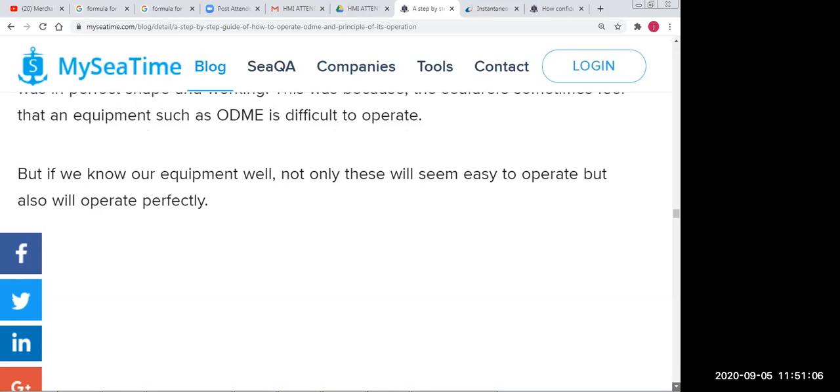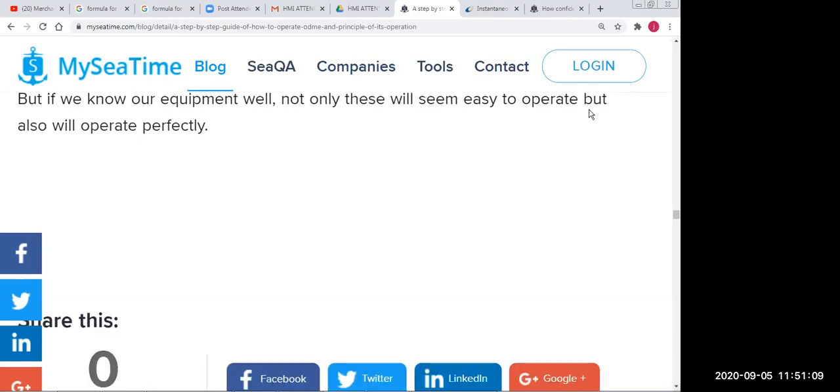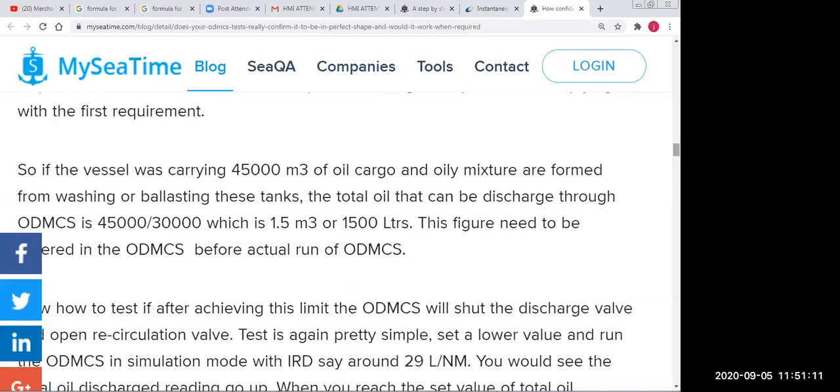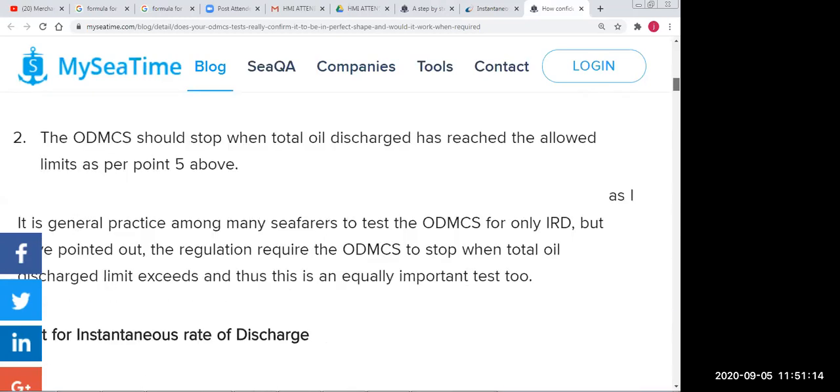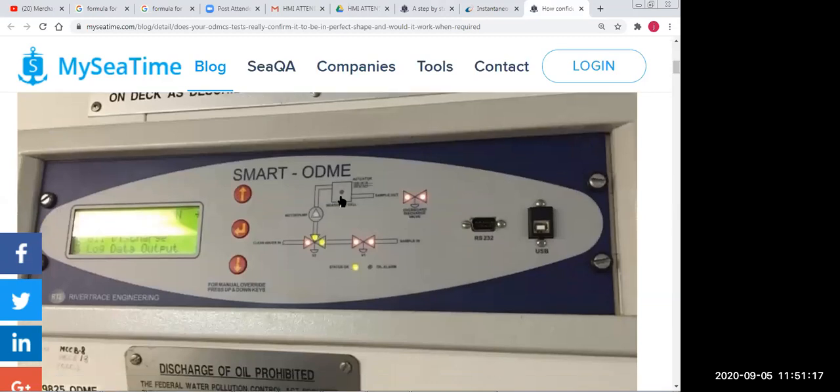For testing, we take a fresh water sample, same operation, and manually we first enter that it is less than 13 liters per nautical mile. Here is the operation of the overboard discharge valve. We open it with this button, and if it gets opened, that means it's working properly.